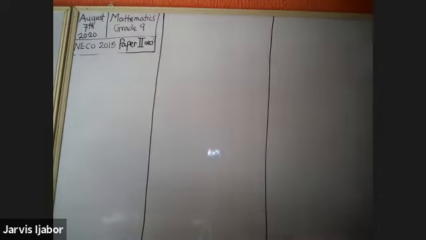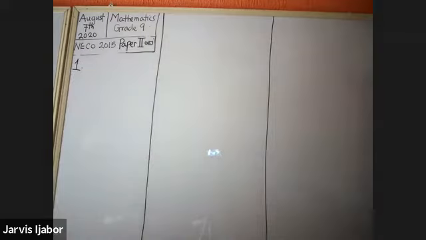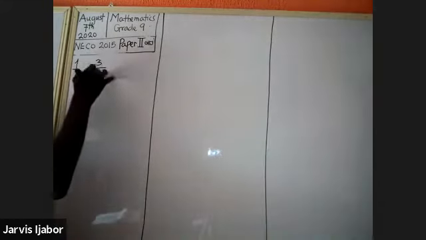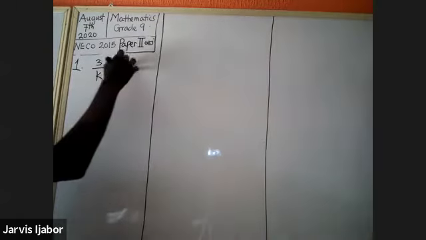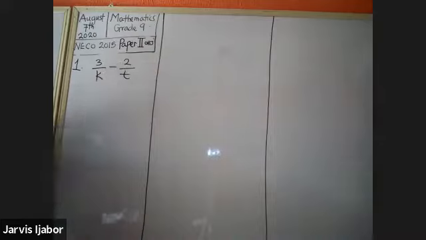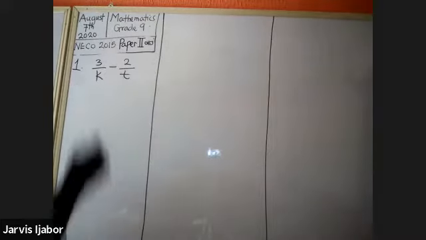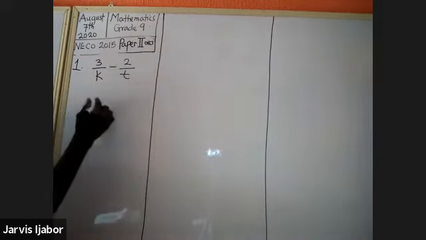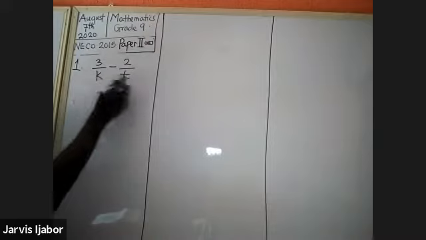It says express as a single fraction 3 over k minus 2 over t. Now, I'll try to be as simple as possible. The first thing you need to do is look for the LCM. What are the letters in your denominator?